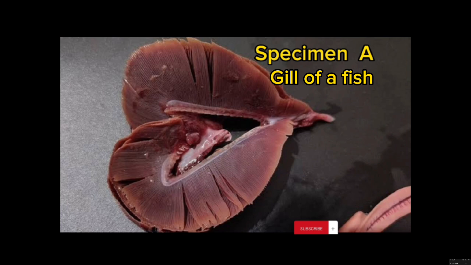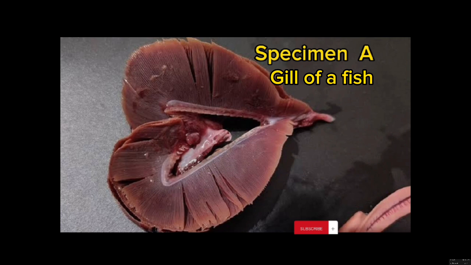Then number two, you always put presence of, if the thing is there. So let's say presence of the gill filament. There's a gill filament, a comb-like structure that has lines on the gills. The other one you could also say is presence of what we call the gill arc.